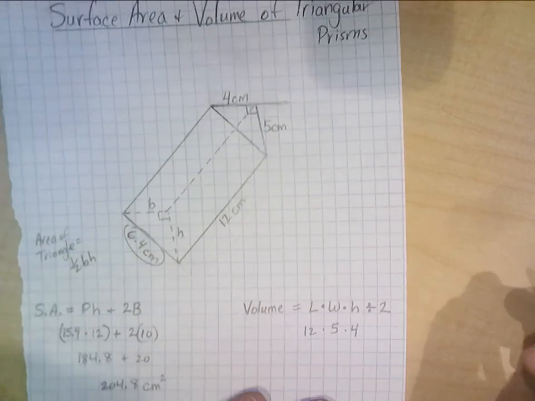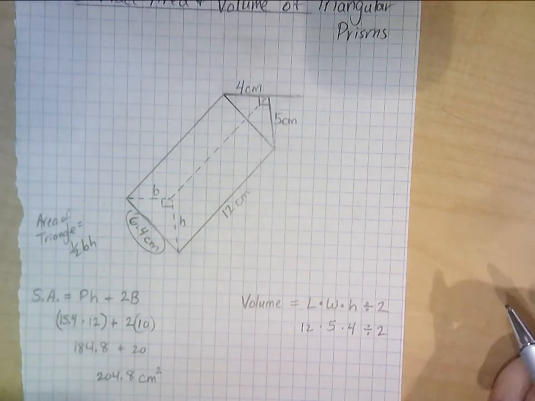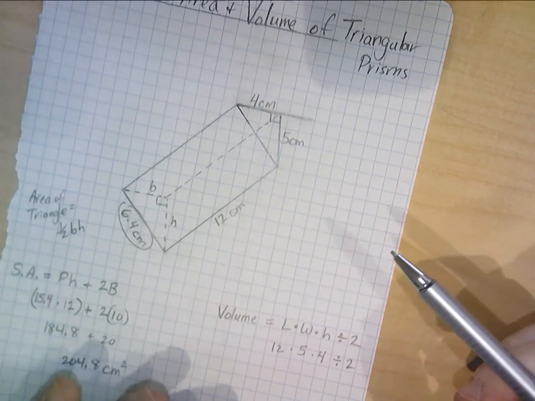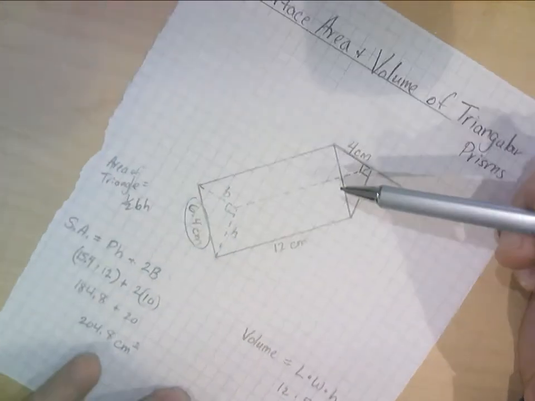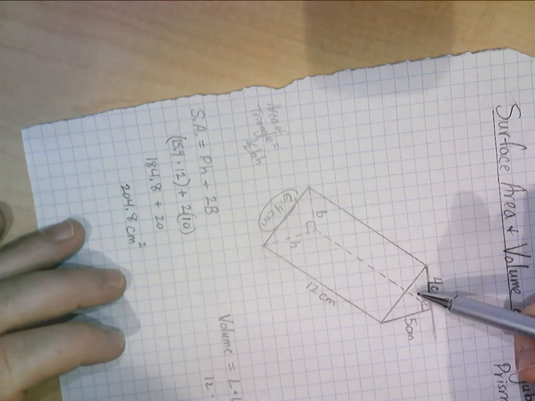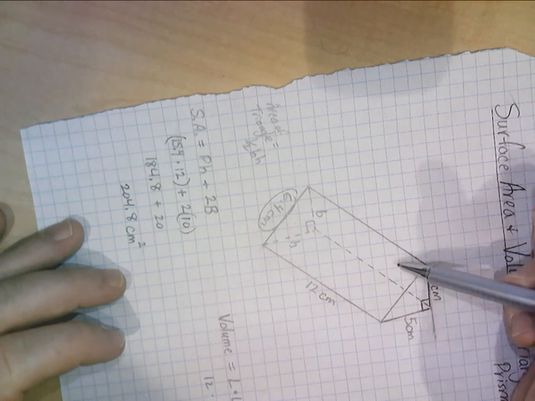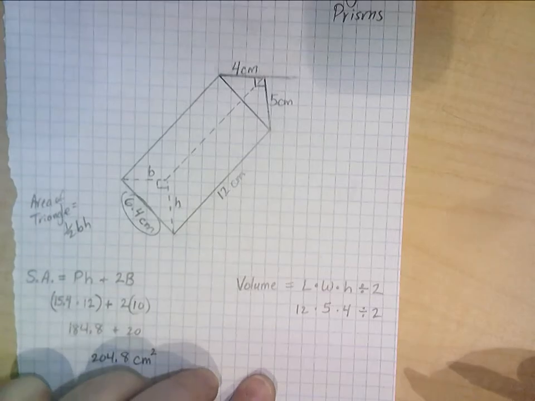And then you're going to divide that all by 2 because it's triangular. A rectangular prism is just simply length times width times height, and that's it. But because this is triangular, it's going to be half that of a rectangular one. Think of it doubling: if I doubled this and put it on top, this would make a rectangular one. That's why we divide it by 2.